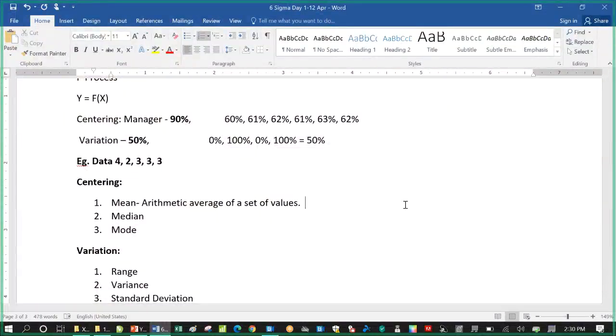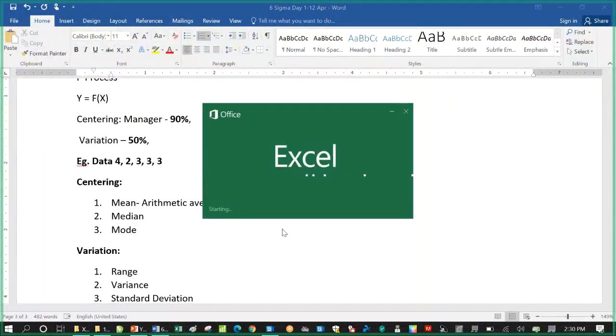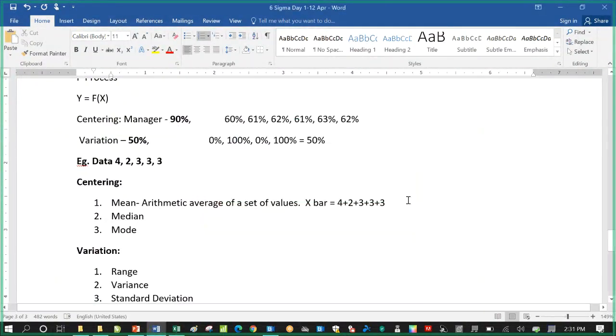Mean is 3, often represented by x bar. The data is 4, 2, 3, 3, 3.